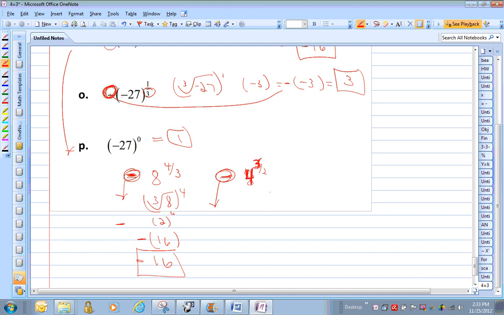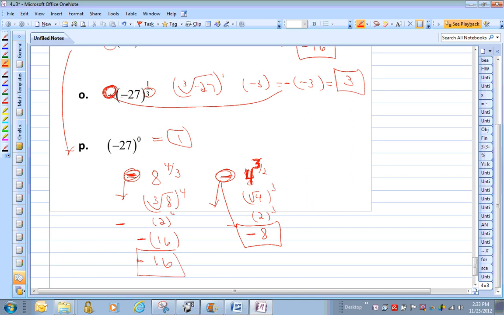Something easier. All right, so the square root of 4, and then we're going to raise it to the 3rd power. But that negative is going to stay at the end. The square root of 4 would be 2 to the 3rd power. 2 to the 3rd power would be 8, and then that negative would come in at the end, making it a negative 8. So please be really careful about that.